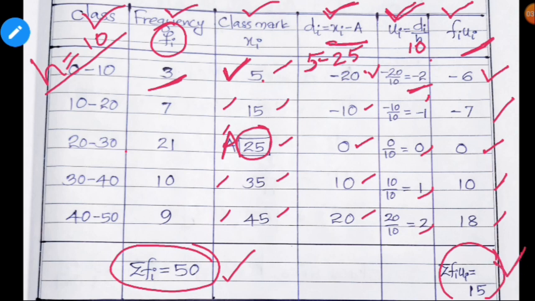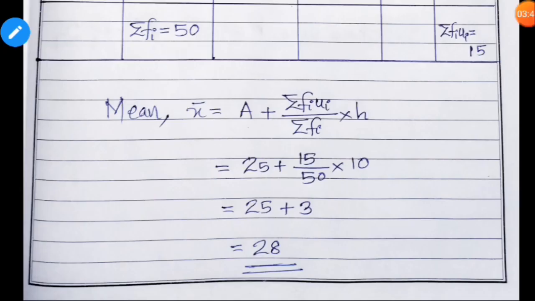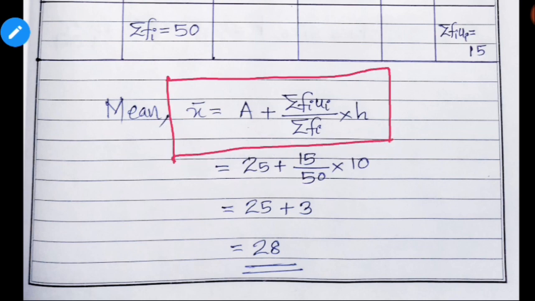Now we can use the formula. By the step deviation method, the mean x bar equals a plus summation fiui by summation fi into h.